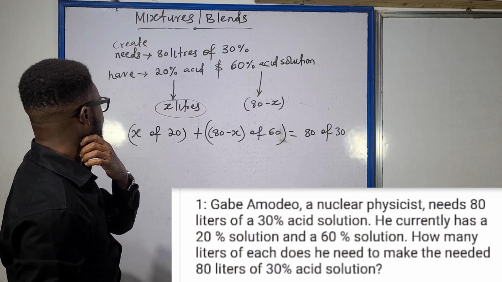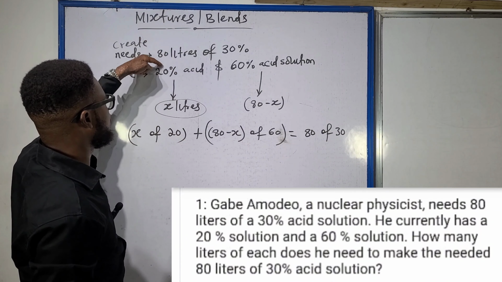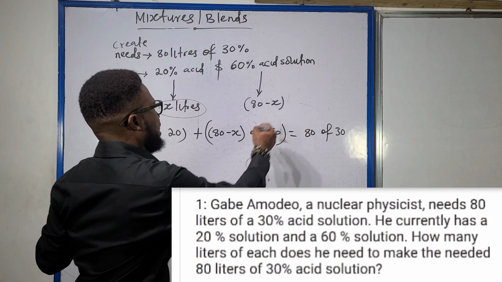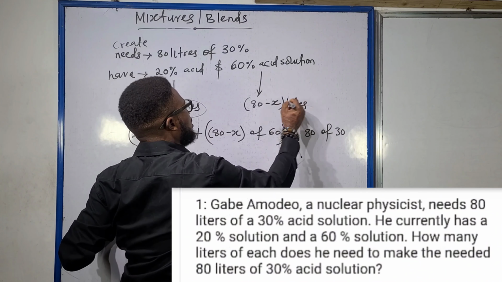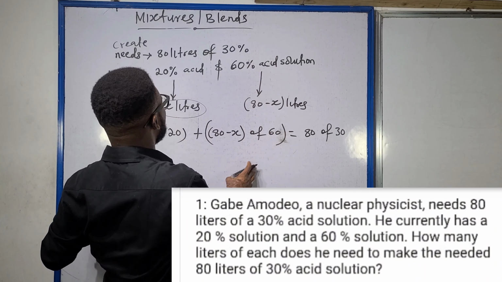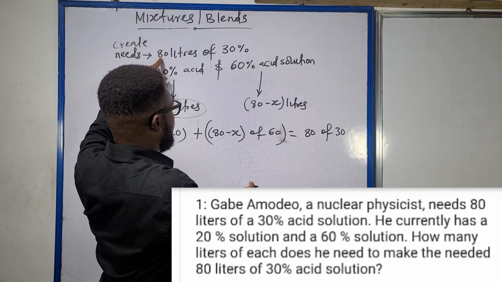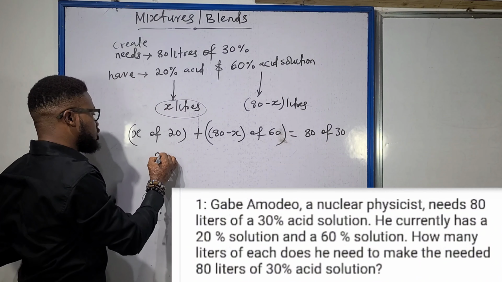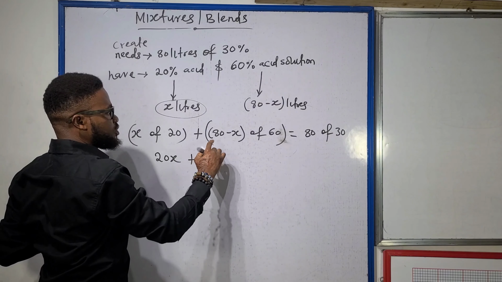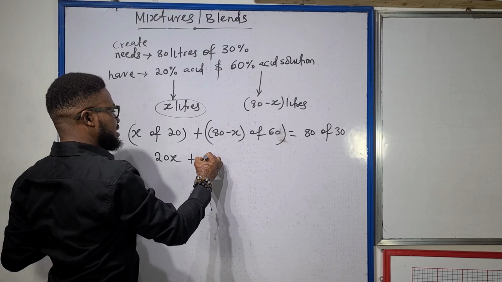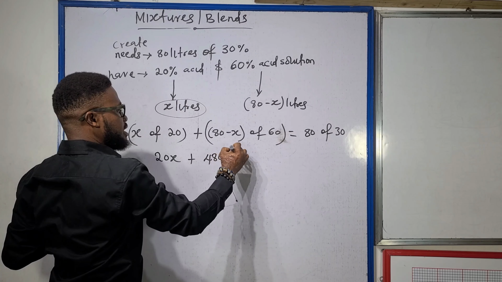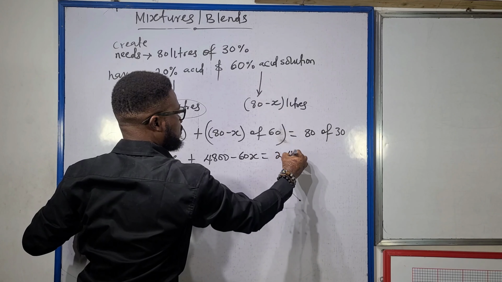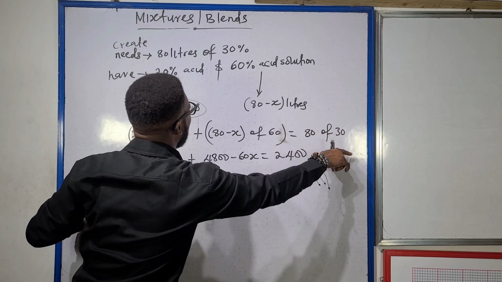So what I'm doing is x liters of the 20% solution plus 80 minus x liters of the 60% solution should give us 80 liters of the 30% solution. So this is 20x plus 60 times 80, that is 4,800, minus 60x equals 2,400, which is 30% of 80 liters.